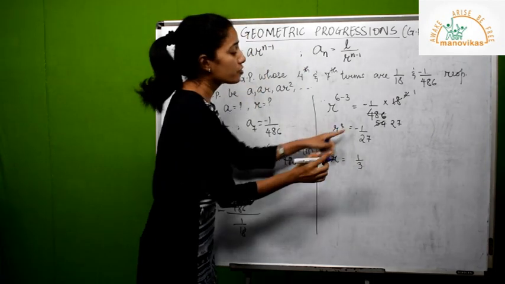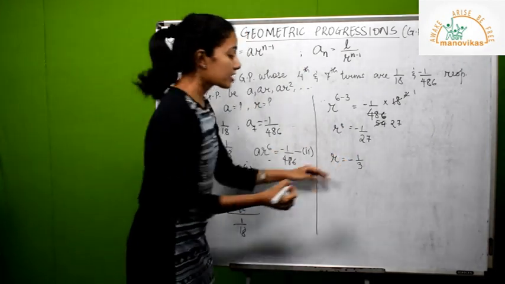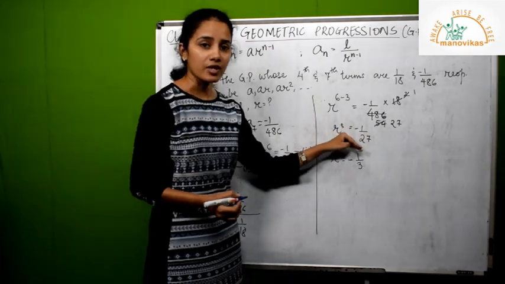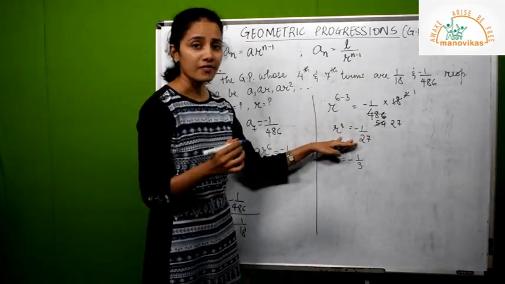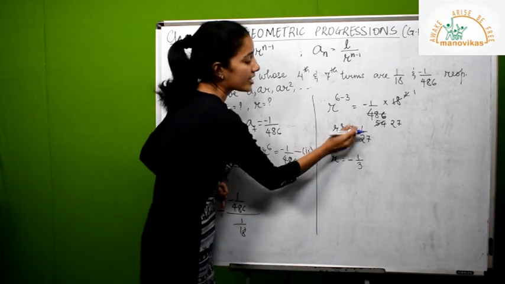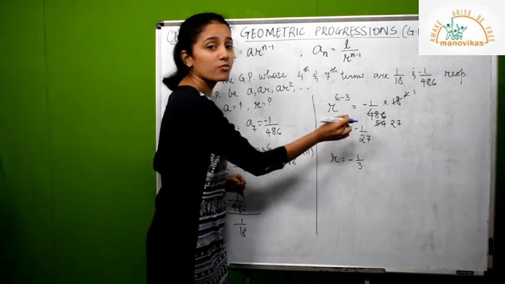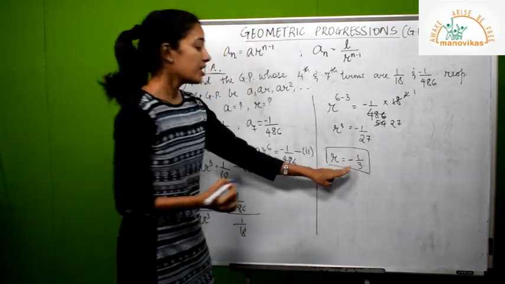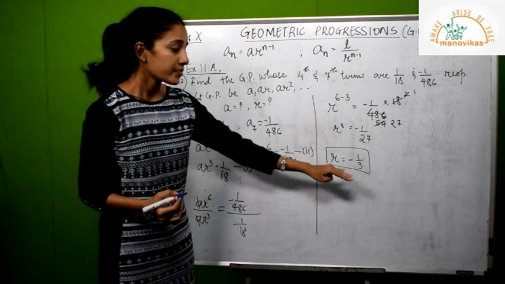And when you have a cube root, the negative sign comes down as it is. If there was a square, you couldn't take the square root, but for cube root, it is valid. So for cube root, you directly take the cube root and the sign, whichever is there, comes down as it is. So therefore, r is equal to negative 1 upon 3.